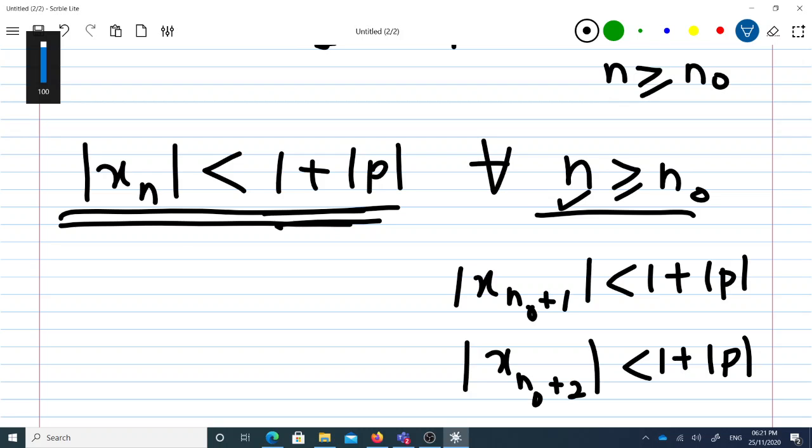So what will we do? I want mod xn to be less than a constant for all natural numbers. Here I got mod xn less than a constant only for those natural numbers which are above n naught. So I am interested in having the inequality hold for any natural number.